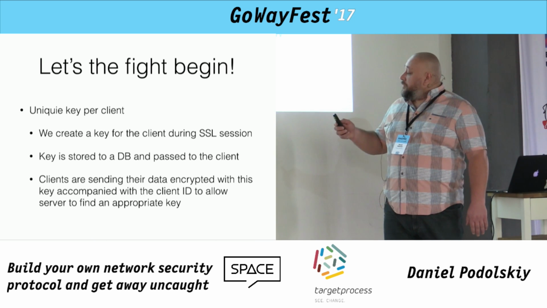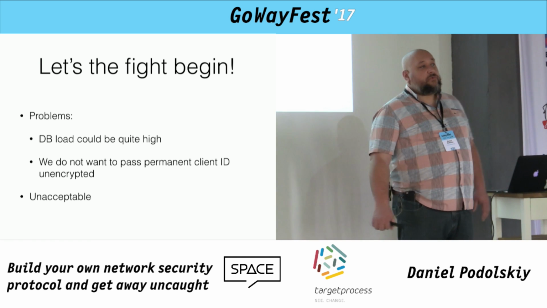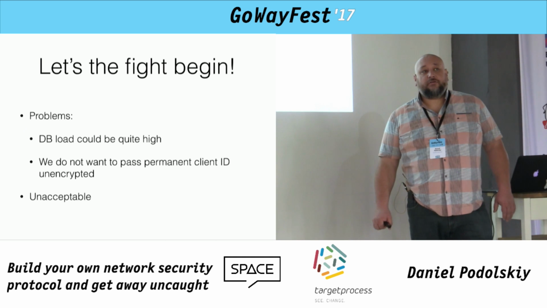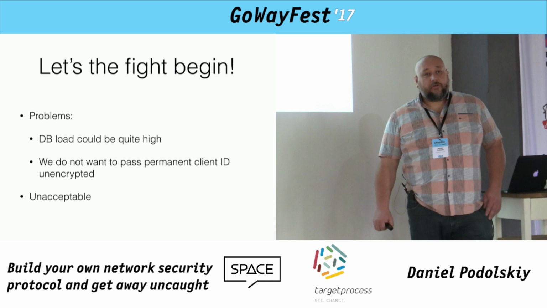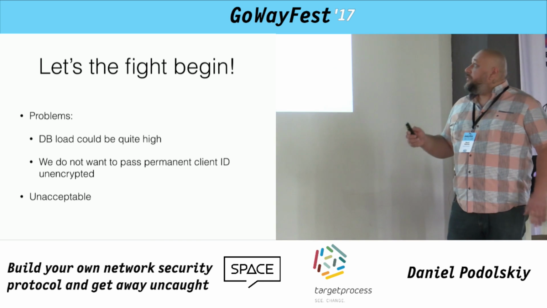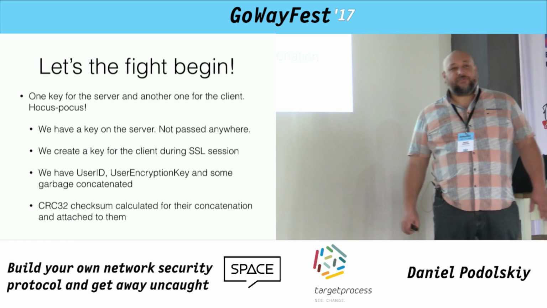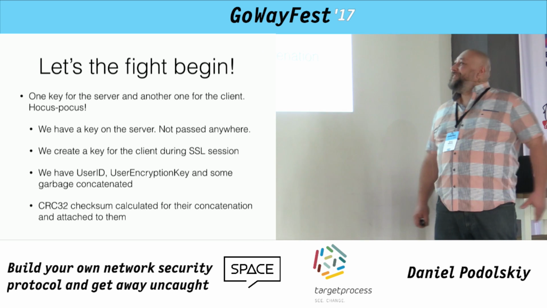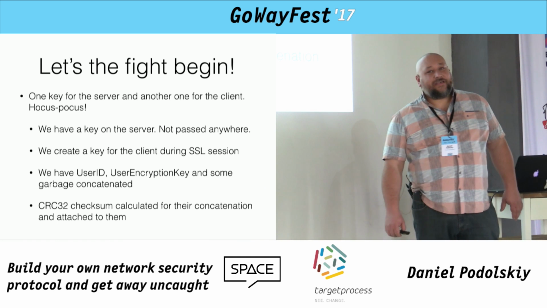So, problems. Another problem we found with this solution: we need to pass the client ID unencrypted, which is unacceptable again. The most favorite part of this work, I made it. It is the tricky client ID.